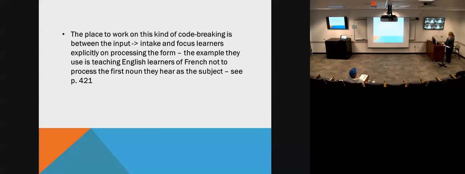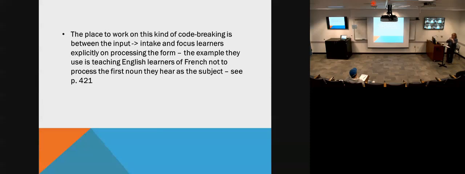All right, so the argument in your book is that the place to work on this kind of code breaking is between the input and intake, as I just said. So the idea is to really explicitly look at processing the forms themselves.